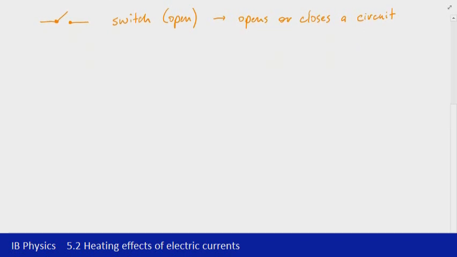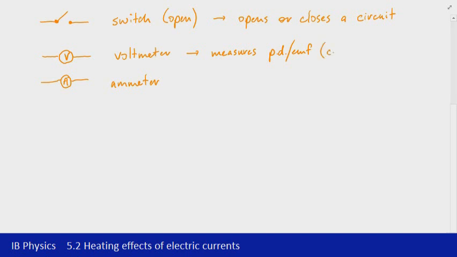The next two are measuring devices. They look like this. One has a V in a circle and the other has an A in a circle, and they represent a voltmeter and an ammeter. Hopefully you can identify without too much difficulty that a voltmeter measures potential difference or EMF, either of those two, depending on whether it's a source or a component that's using the energy in the circuit.